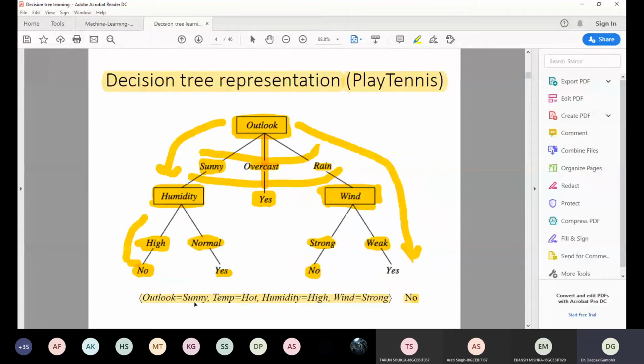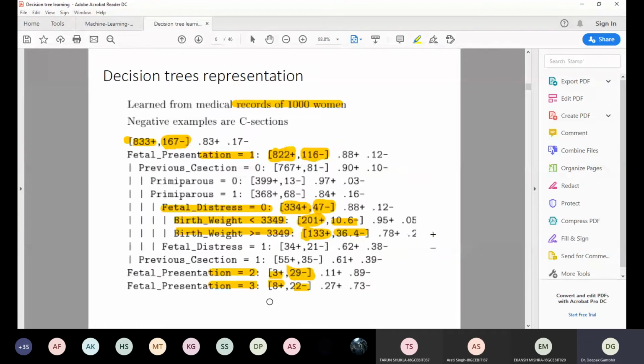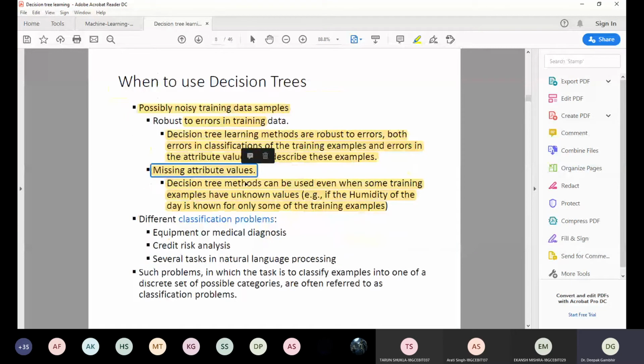In our case, we have shown that if the outlook is sunny, then only humidity is checked, and there is no effect of temperature being hot or cold, or wind being strong. If the outlook is rainy, then only wind is checked. So similarly, in the case of missing attribute values, there is no impact on the decision tree.